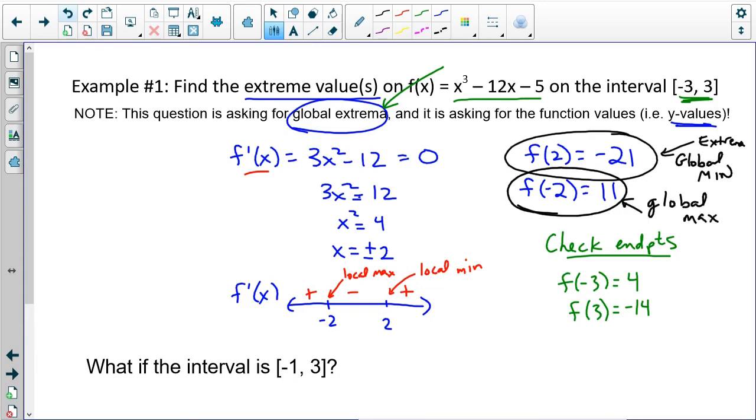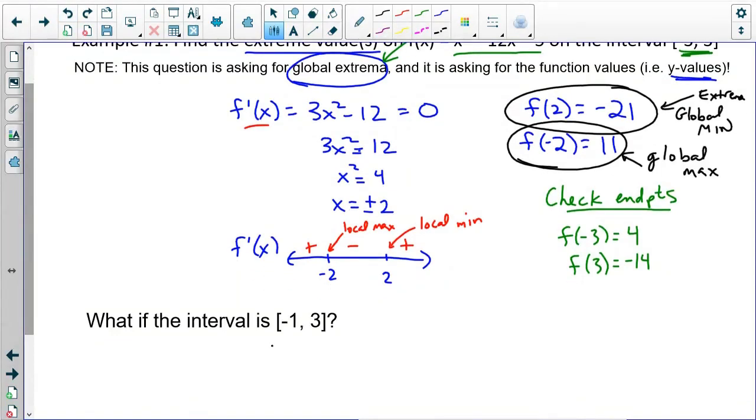The reason I know that is -21 is the smallest of the small, and 11 is the biggest of the big. And so those would be my global min and max values, and this would be what I would report. f of 2 equals -21 is the absolute minimum. f of -2 equals 11 is the absolute maximum.